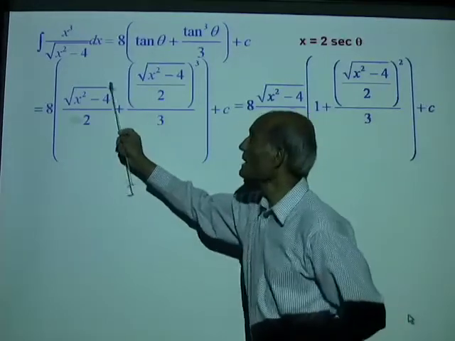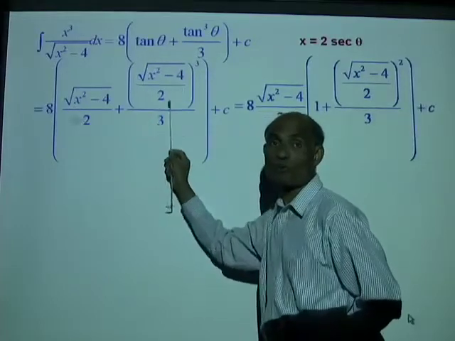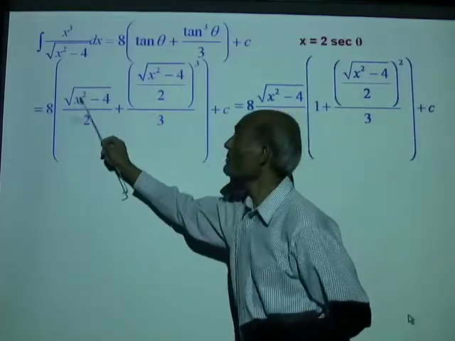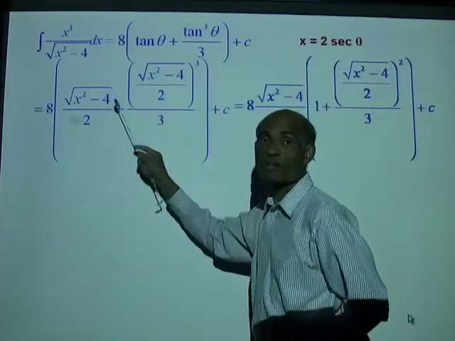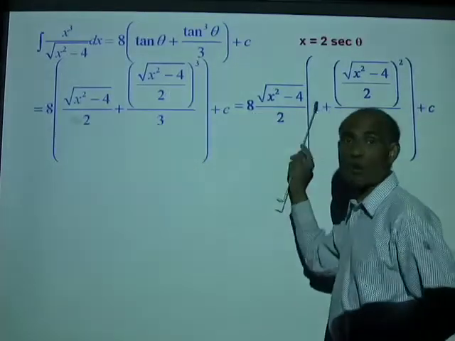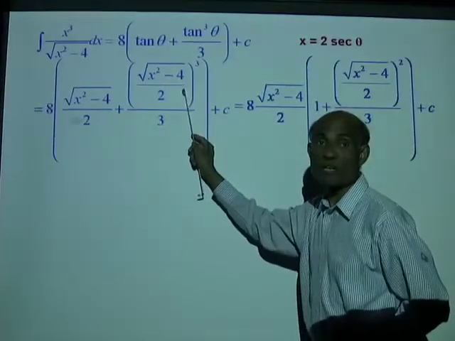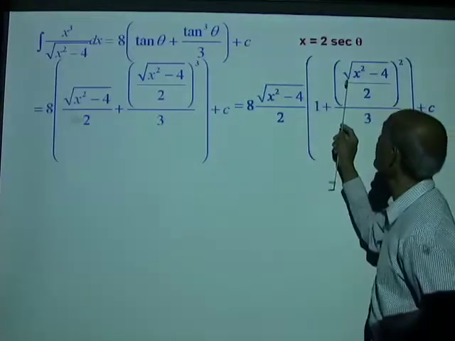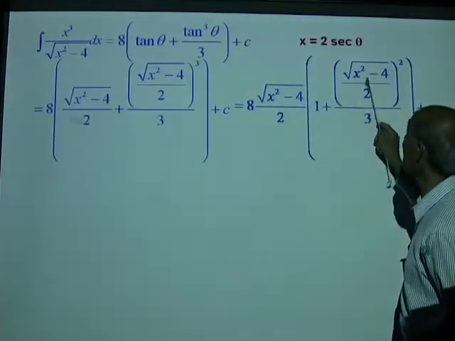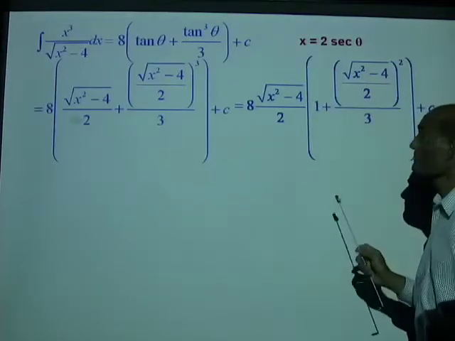So once again, you factor out square root of x squared minus 4 over 2 from both of these. When you factor it out, this is left with a 1, and this is raised to the power of 3. Only one of them is factored out. So you are left with square root x squared minus 4 over 2 raised to the power of 2 over 3.